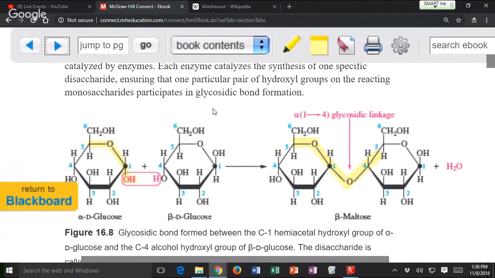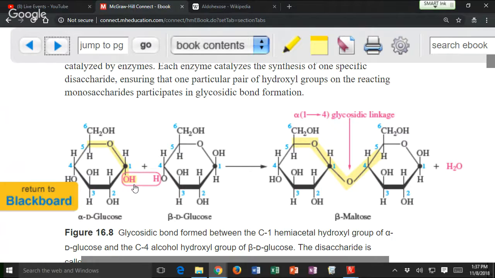So in this example, maltose, which is a sugar that's in germinating grains, like when we talk about malt, that's where that comes from. What's happening is you have 2 glucose molecules that are just a little bit different, the alpha and the beta. You'll notice that the OH here is down and the one over here is up. And they get linked together between 1 and 4, losing water.